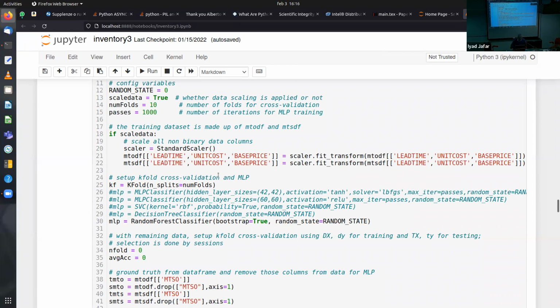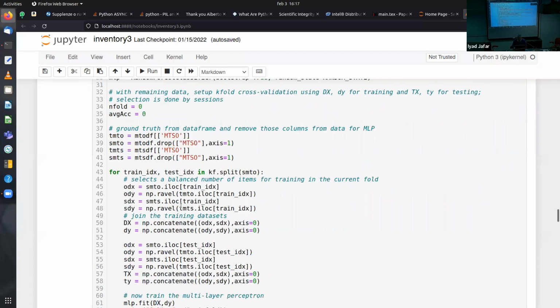And then we use k-fold cross-validation with 10 folds, and training on 1,000 passes. So everything here is to set up all this, and I performed the training here.